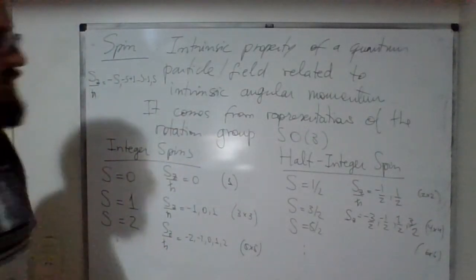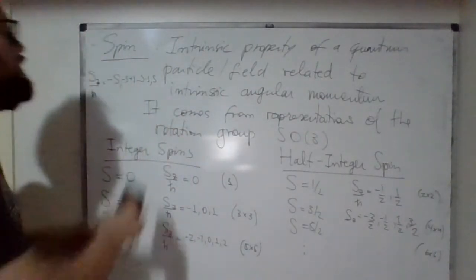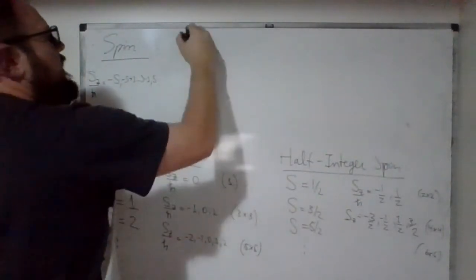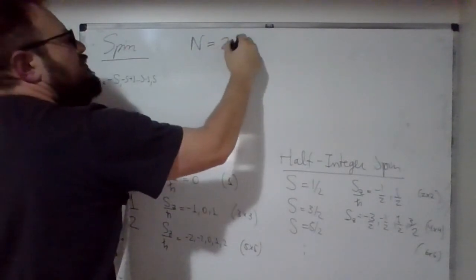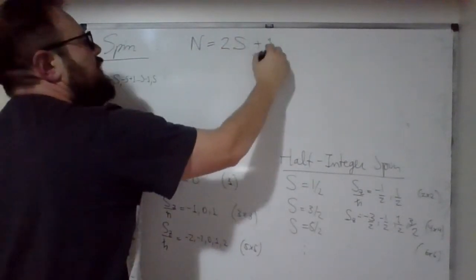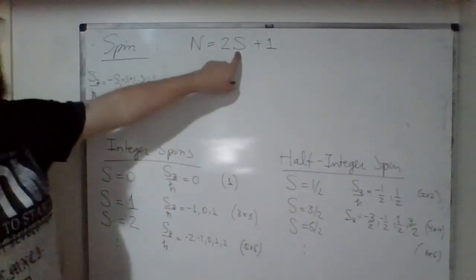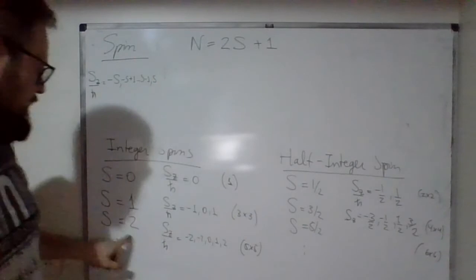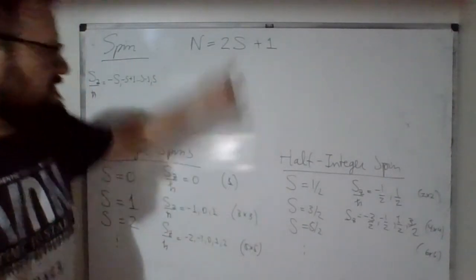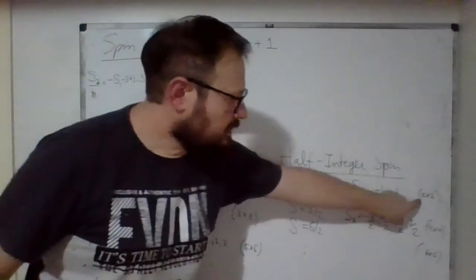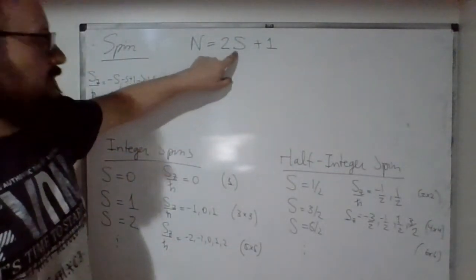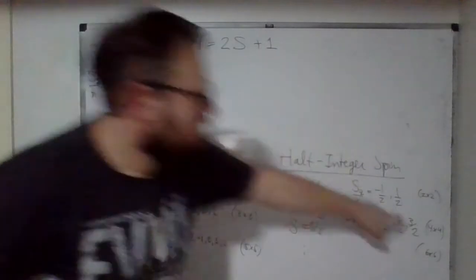And in general, the representation will have dimensionality n equal to 2s plus 1. So for 0, dimension 1; for 1, 3; for 2, you get 5; for 1/2, the dimension of the matrices is 2; for 3/2, you have 4 by 4.